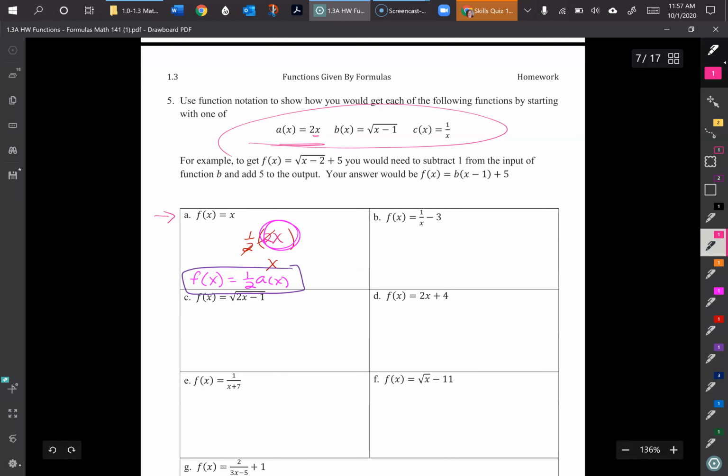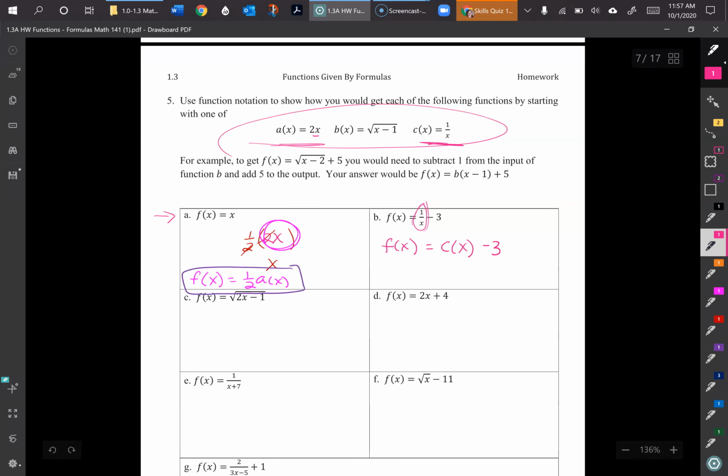For B, same kind of thing. I'm going to look, do I have anything that looks sort of like that? Well, C does. Number 5b is f of x equals 1 over x minus 3. So I have this function 1 over x, which is c of x. So I have f of x equals the function c of x, and I also need to subtract 3 from the output.